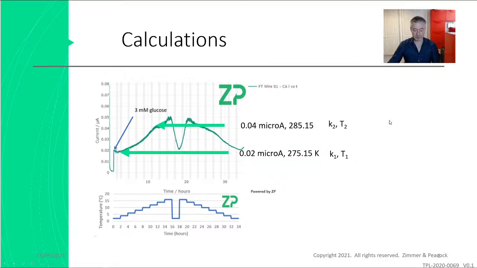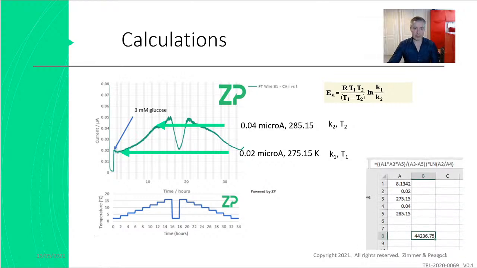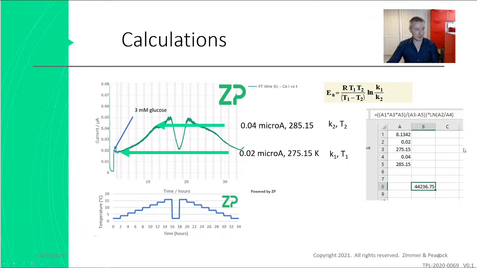If I know rates K1 and K2, and temperatures T1 and T2, and R is the gas constant, which is about 8.314, then I set up a little spreadsheet. I didn't even check it up, I just did it from memory, so I might have to check that gas constant.